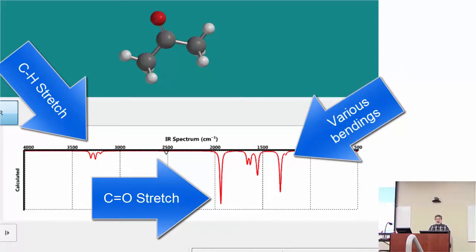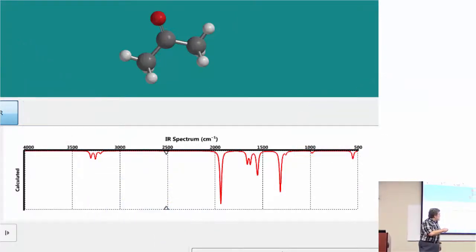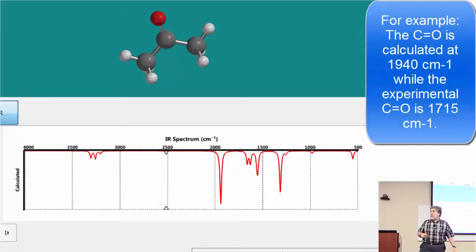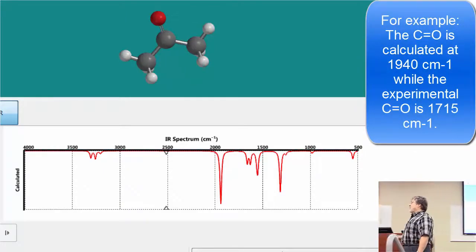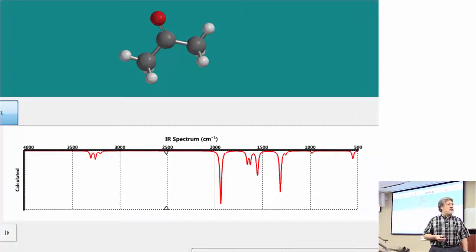So notice on the calculated spectrum there are a few peaks. Just a tidbit: the exact numbers are not quite right, and that's an interesting thing. And just a tidbit about what the people at Wavefunction do as they're developing this software.